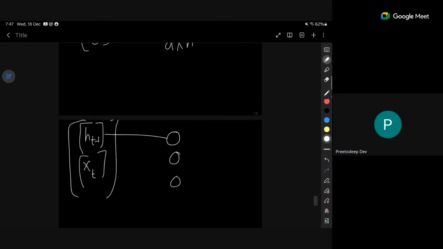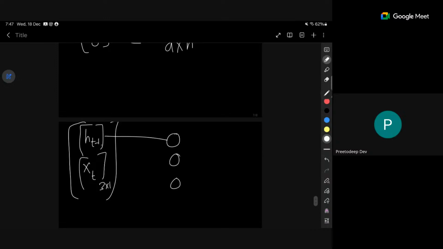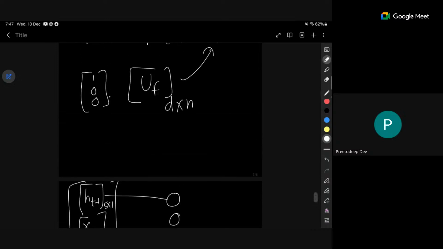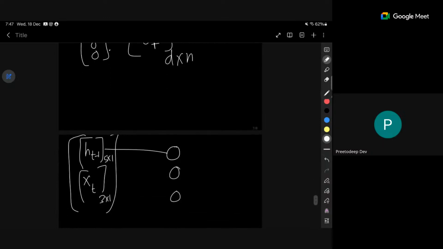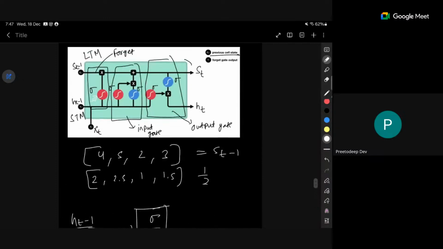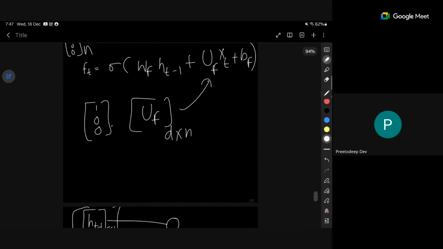So let's say the dimension of XT was 3 cross 1. This dimension could be 5 cross 1, like anything. Then that many vectors you will require in this, right? So it could be anything, right? So 5 cross 3 or something.